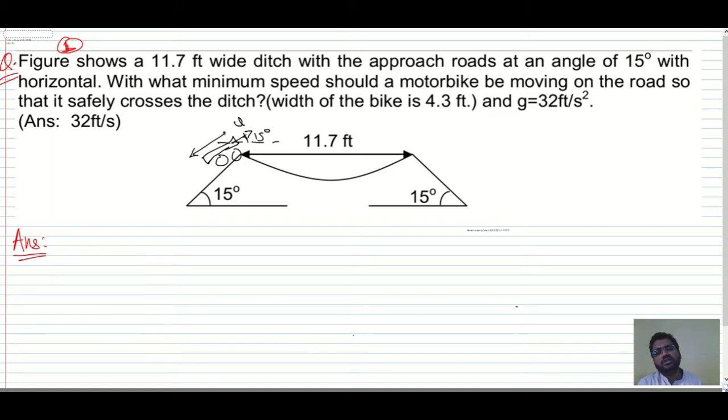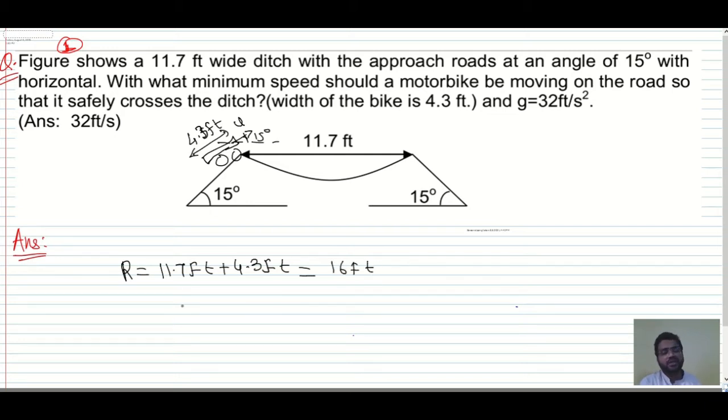The length of the motorbike is given as 4.3 feet. So in all, the range we want is 11.7 feet plus 4.3 feet. So we have 16 feet of range.